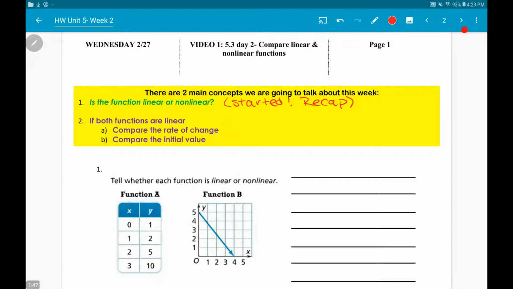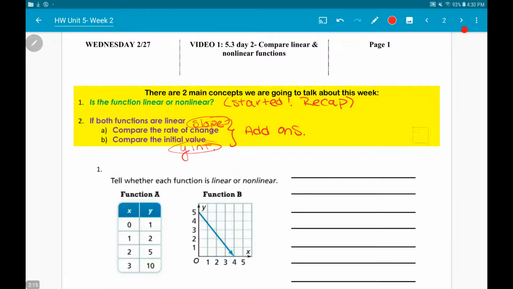And then what is new, but we already know a lot of this stuff, this is going to be add-ons, is comparing the rate of change and comparing the initial value. Now, rate of change is the same thing as slope, and your initial value is the same thing as your y-intercept. All right, and those two words we learned last unit, so that is going to help us with this unit.